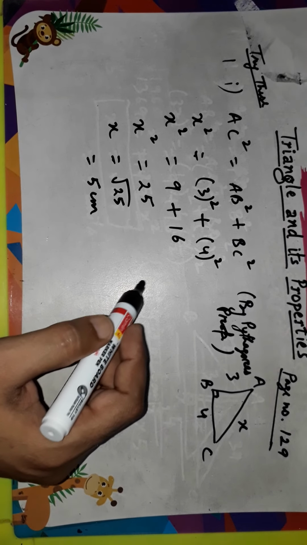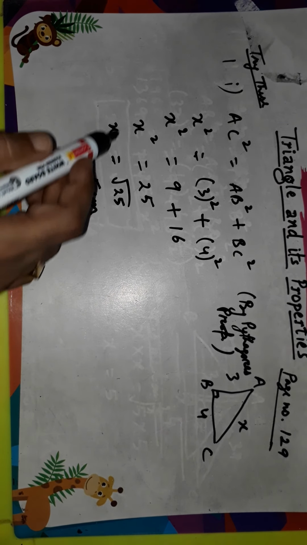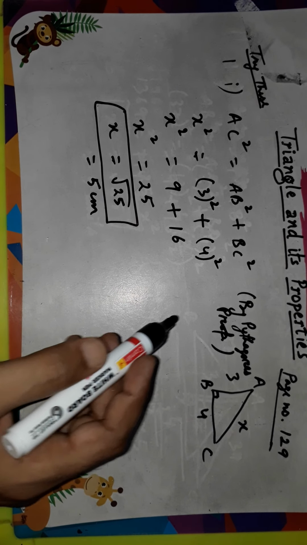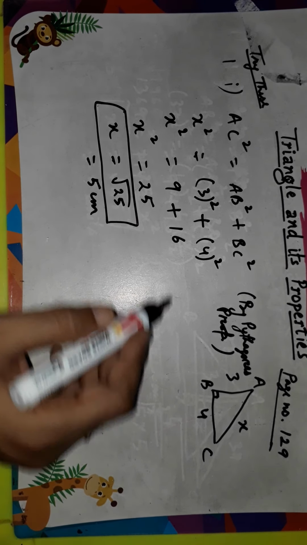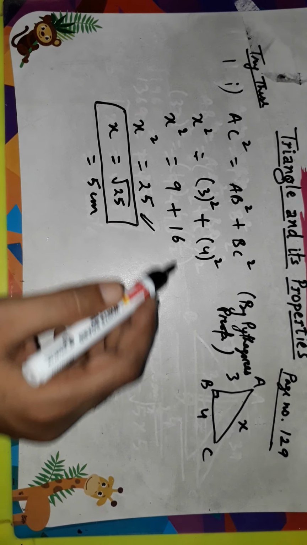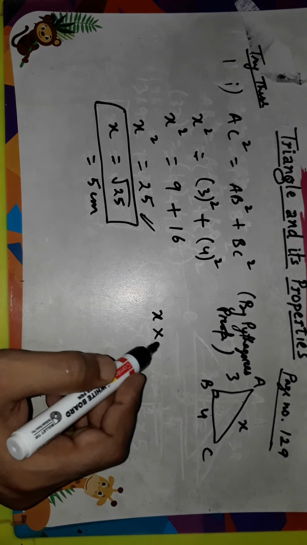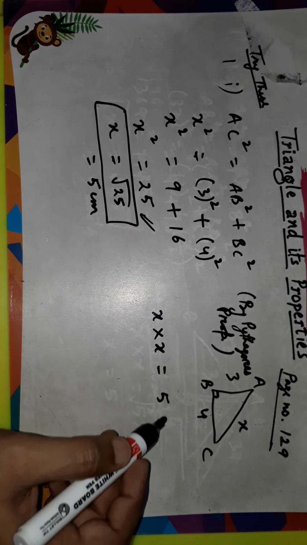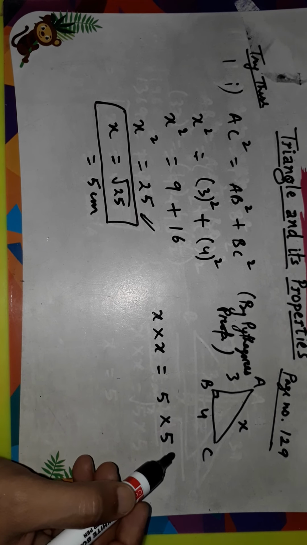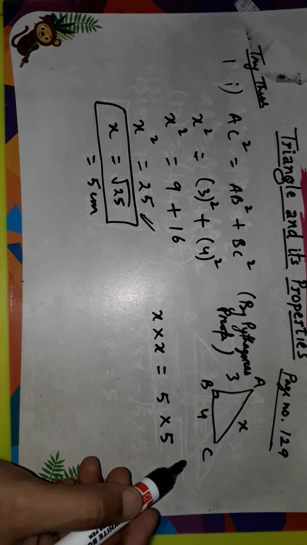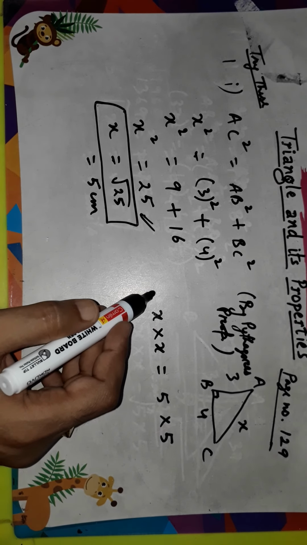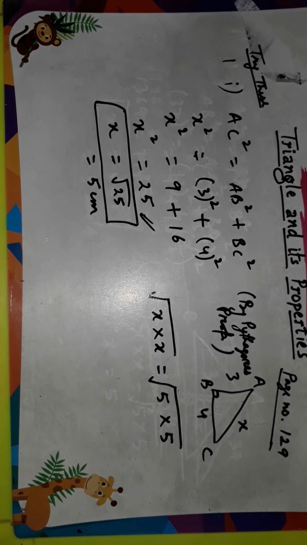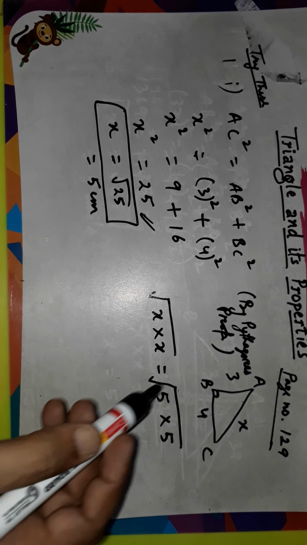Now let me explain how we have got this. If you see this, x square means x into x equals 25, which is a perfect square, and it is obtained when you multiply 5 by 5. And if you are taking the square root on both sides, it means that you are doing it on LHS and also on RHS.